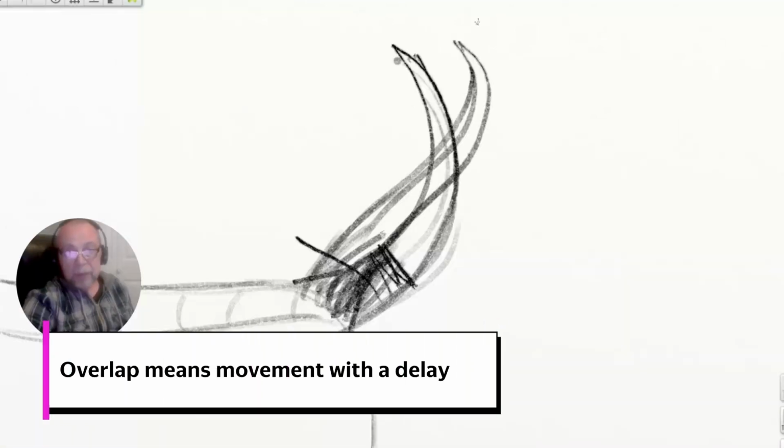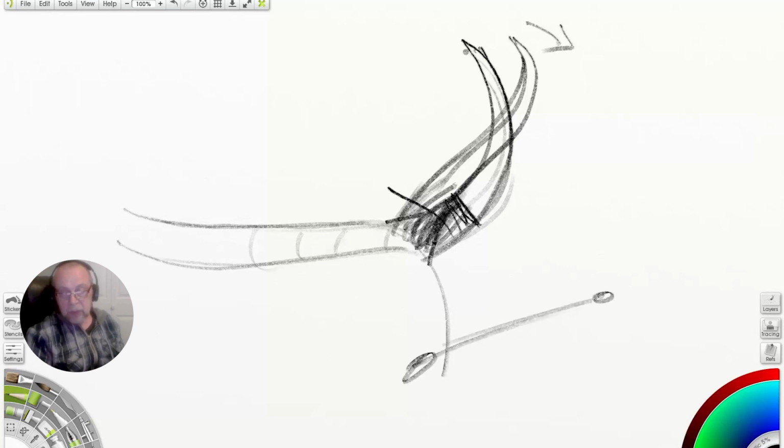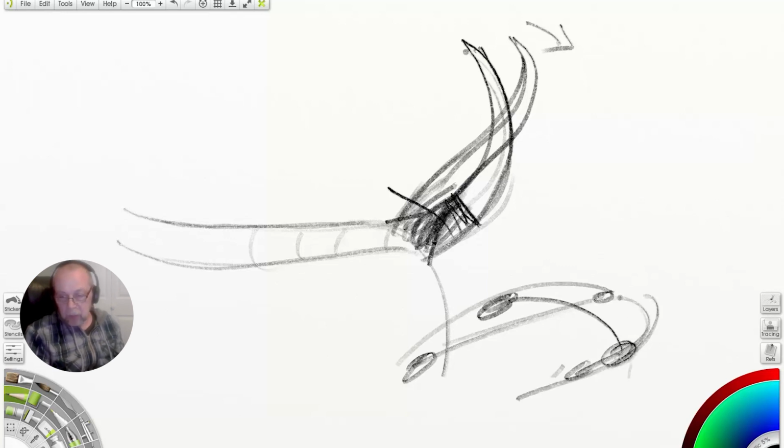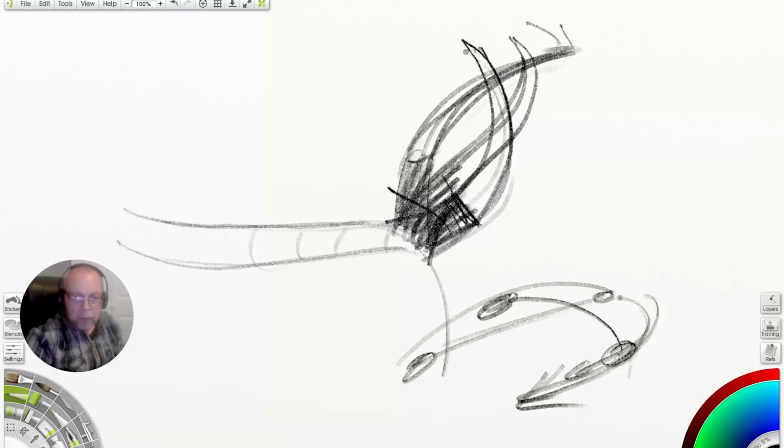Overlap means something delayed or dragged. Drag, you pull it and it's still not here, right? You pull in this direction and it still continues going this way, but you're already going the opposite way. That's a drag. Same here. It starts from this part. This part you see already here, but this part is still here. See? Think about this.